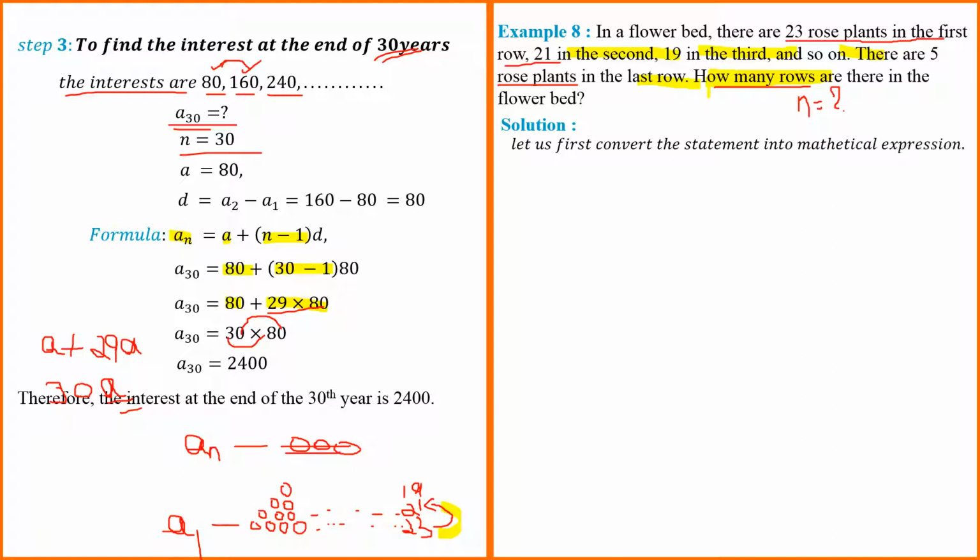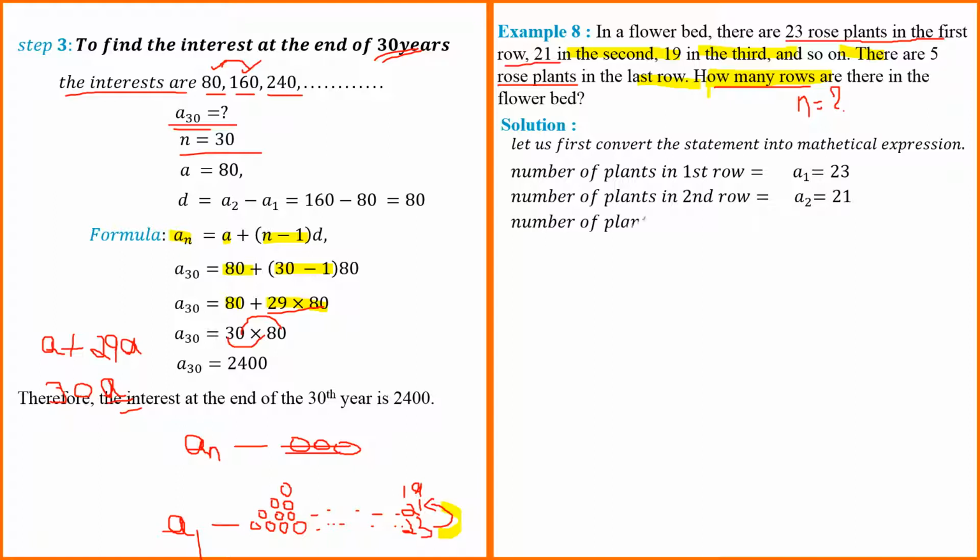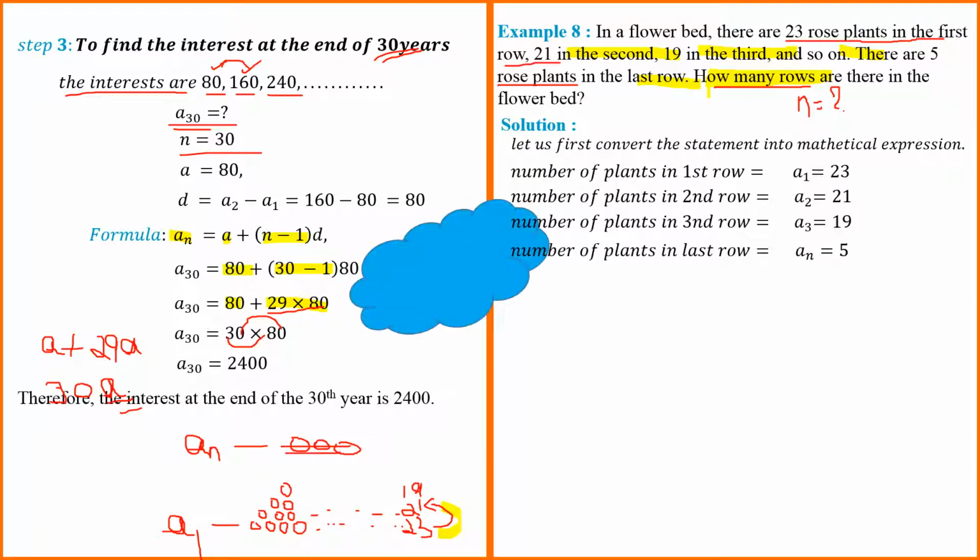Let us first convert the statement into mathematical expressions. The number of plants in the first row is 23, a1. The number of plants in the second row is 21, the third row 19, and so on. The last row is 5, so an equals 5. What are we supposed to find?